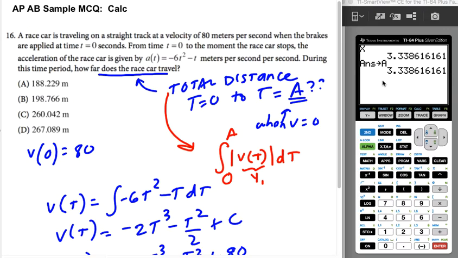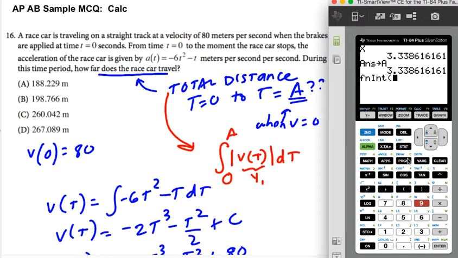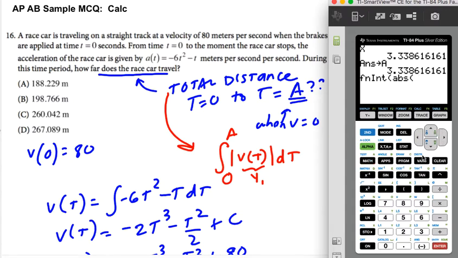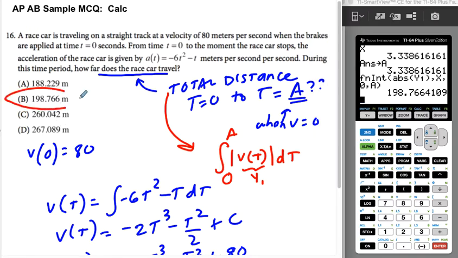Now that I've got that A, I'm going to do math 9, and then go to math, and I'm going to be safe and pick absolute value. Sorry, I want number. There we go. Of there's function y1, close the absolute value, comma, with respect to x from 0 to alpha A. I'm going to hit enter, and I'm going to get this.